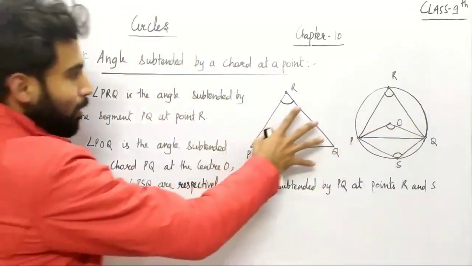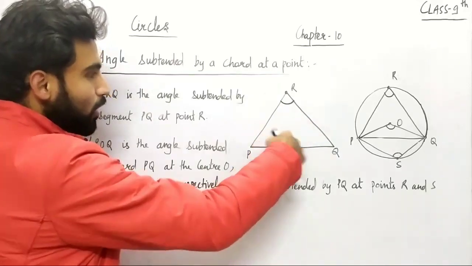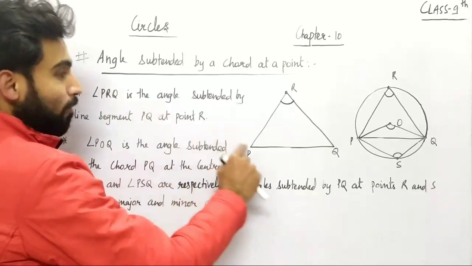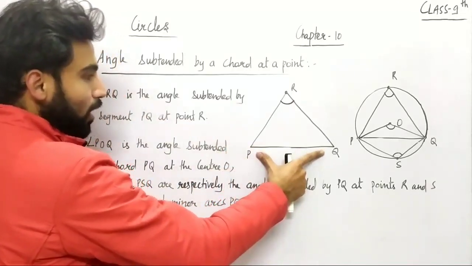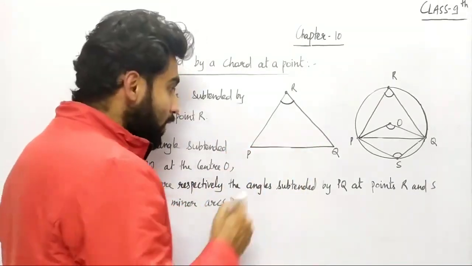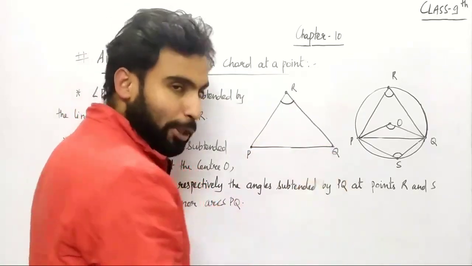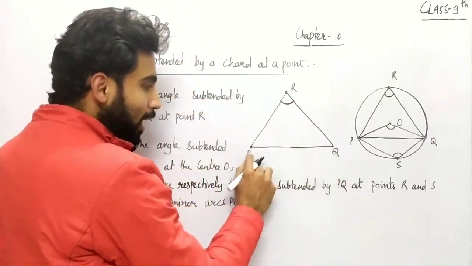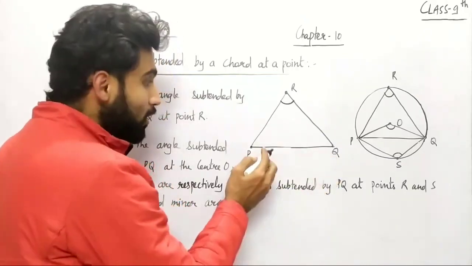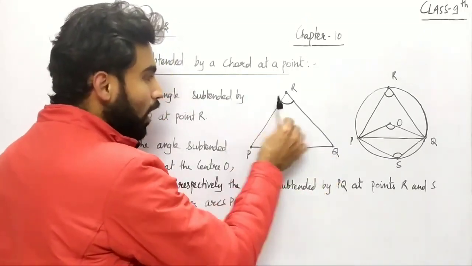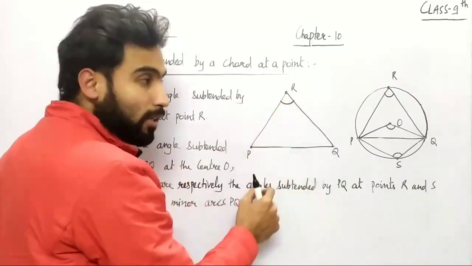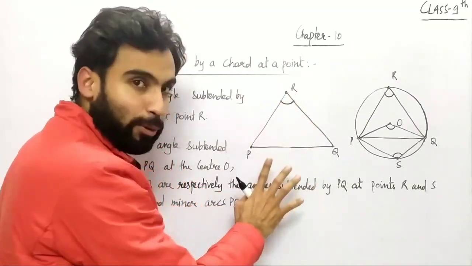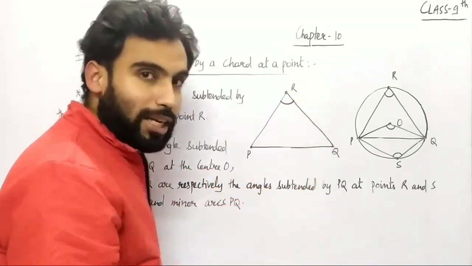Let me show this diagram here. I have drawn a simple diagram. PQ is a line segment made by joining the two points P and Q. This line segment subtends an angle at point R. This point R is not on the line segment PQ; it is outside the line segment PQ.